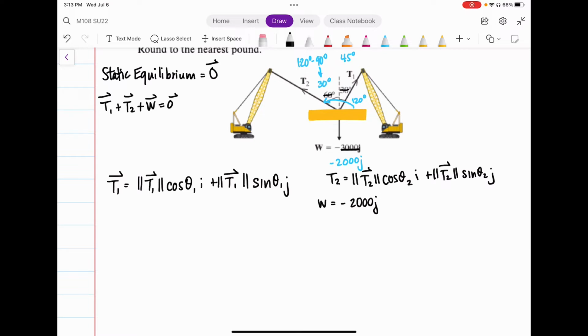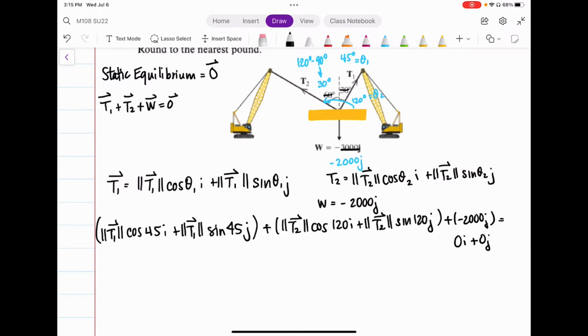Adding these together, we get magnitude of T1 times cosine 45 i plus magnitude of T1 sine 45 j plus magnitude of T2 times cosine 120 i plus magnitude of T2 sine 120 j plus negative 2000 j has to equal 0i plus 0j.